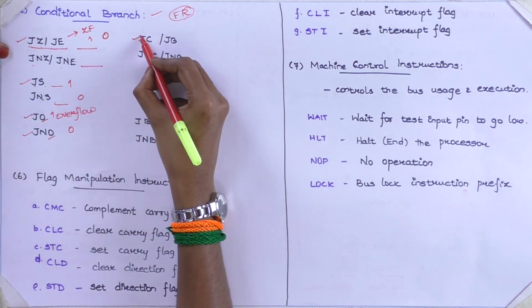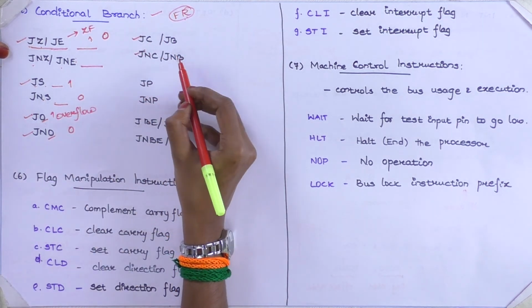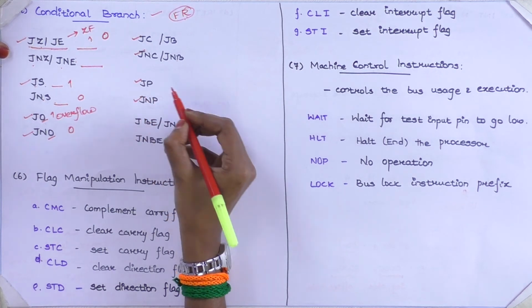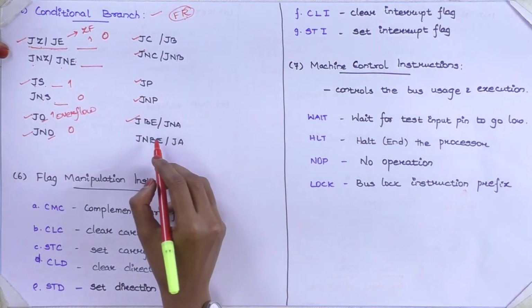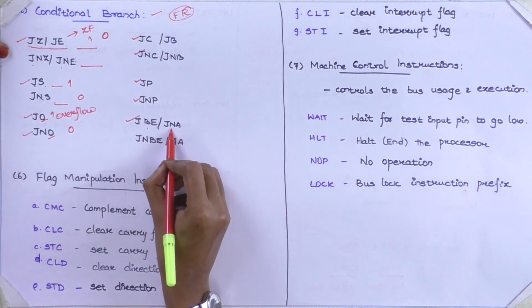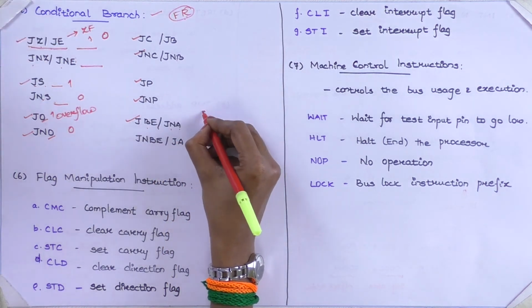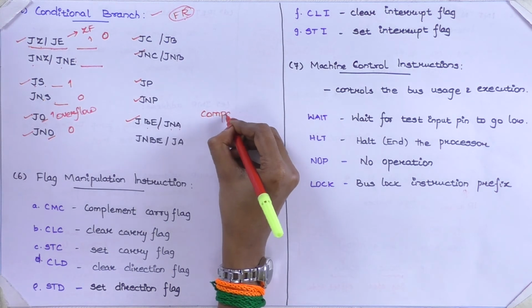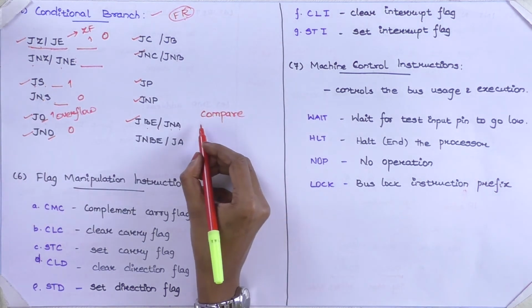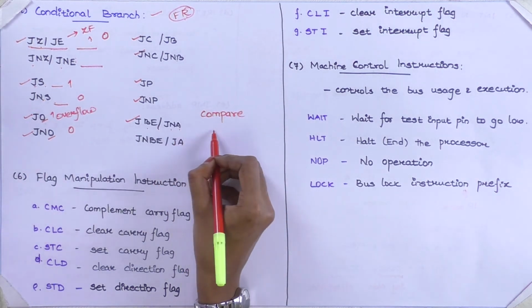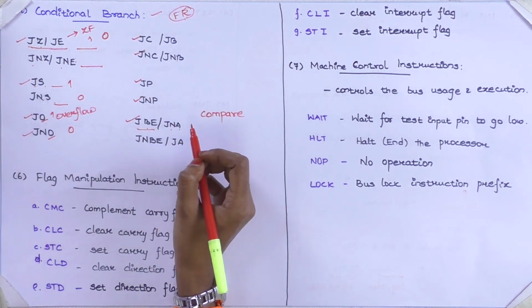So next is jump on carry, jump on no carry. This you know already. This is jump on parity, jump on non parity. This is jump below or jump not above. When you are performing a compare operation, if the destination is less than the source, then this instruction will be executed.